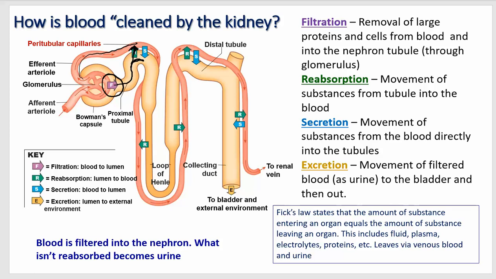Now we also know that not everything is filtered, so everything doesn't move through the glomerulus and into the nephron. Some of it just keeps going. Okay? So the body has ways of selectively looking at organic molecules that maybe shouldn't be in the body.